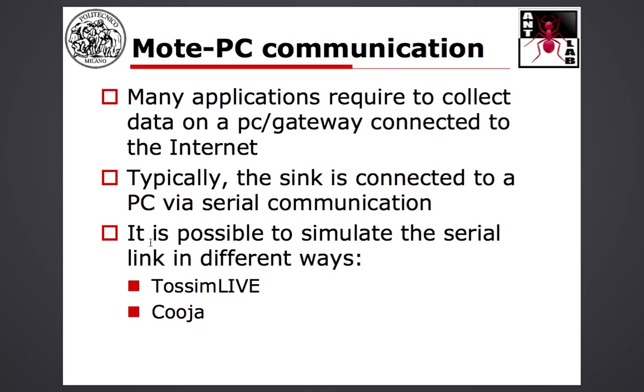Now we have a couple of things to see. So the first one is this. We have already talked about what happens when data is collected by a sensor network. So you have to imagine that the sensor network is getting the data, and this data has to be delivered somewhere.